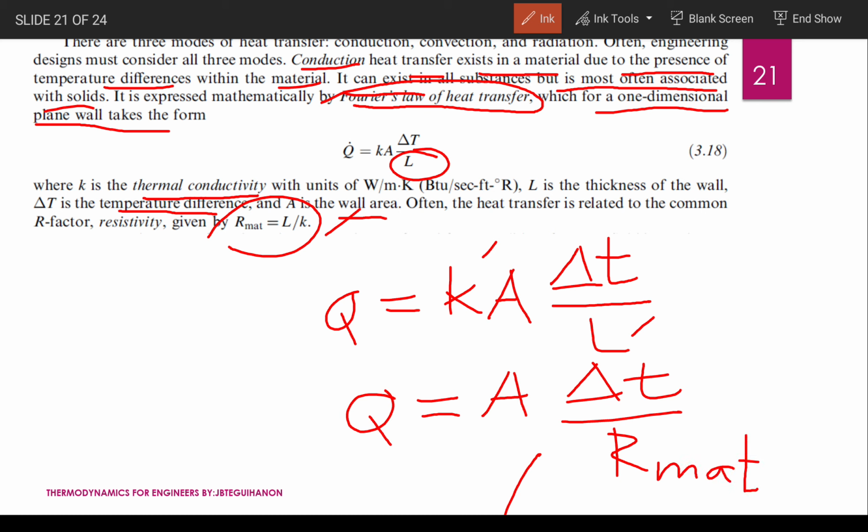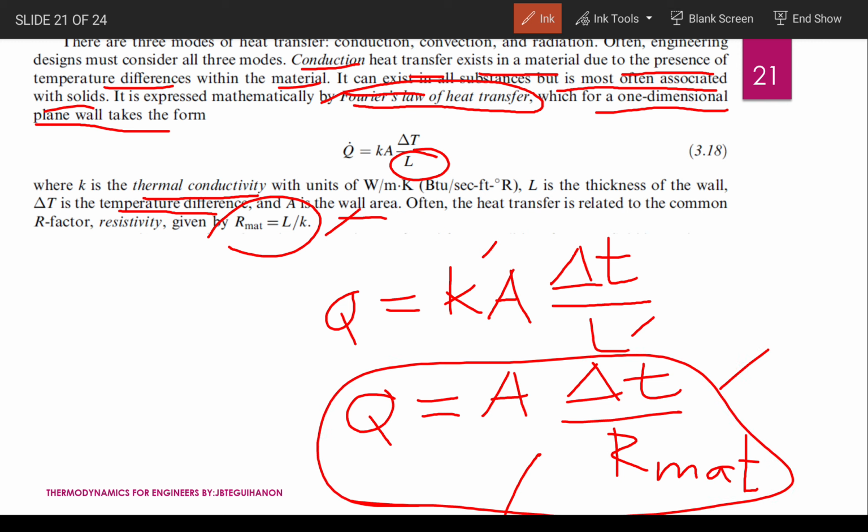This will be your formula if R is given.